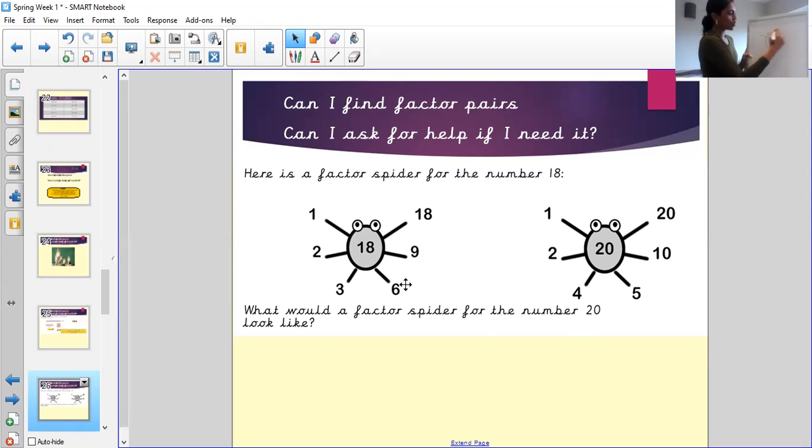So 1 times 20, I'm going to write it under here. 1 times 20 is a factor pair, equals 20. 2 times 10 also equals 20. And 4 times 5 equals 20. So there we have it. These are our factor pairs to get to 20.